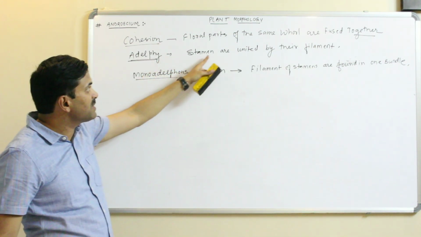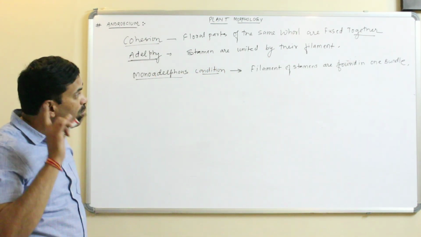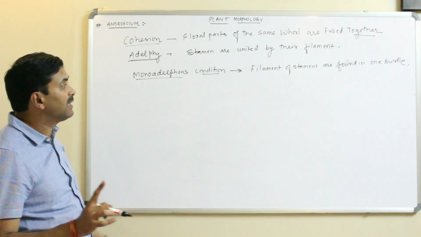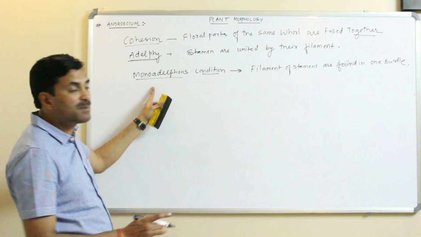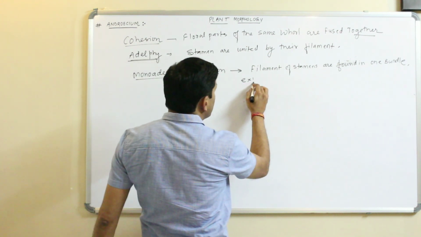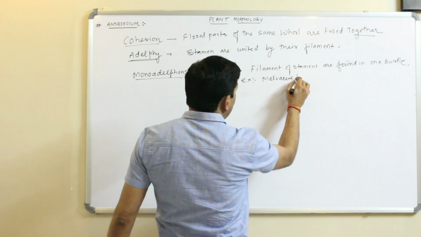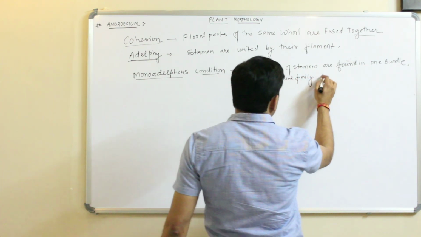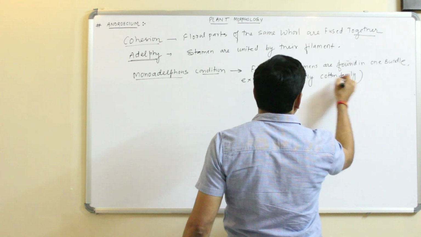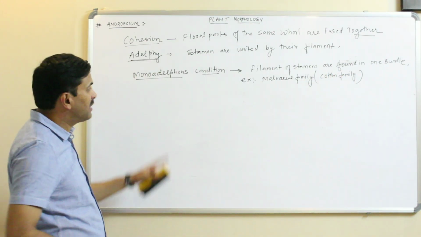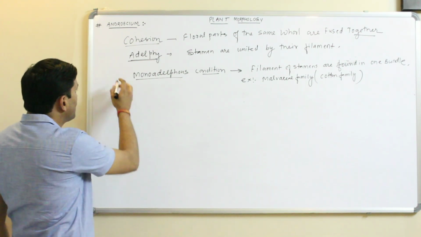Adelphi means stamens are united by their filaments, so when all the filaments of the stamens are found in one bundle, the condition is called monoadelphous. The best example is the Malvaceae family, which means the cotton family.